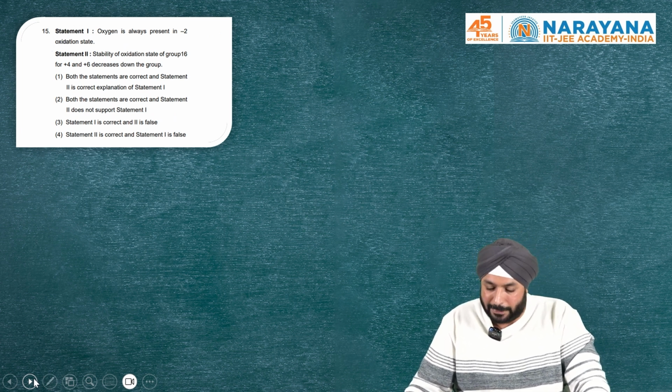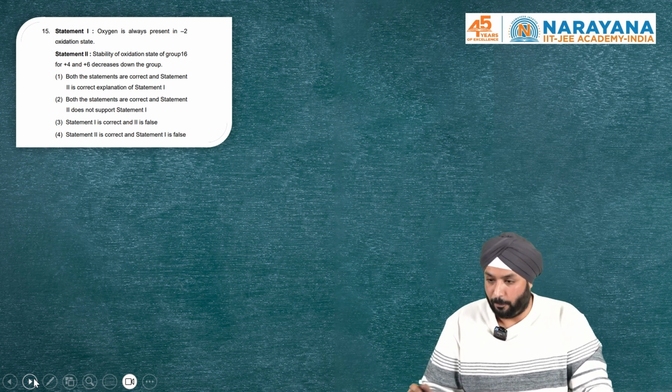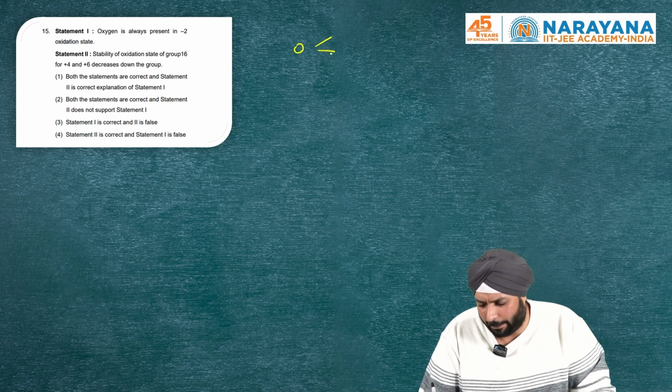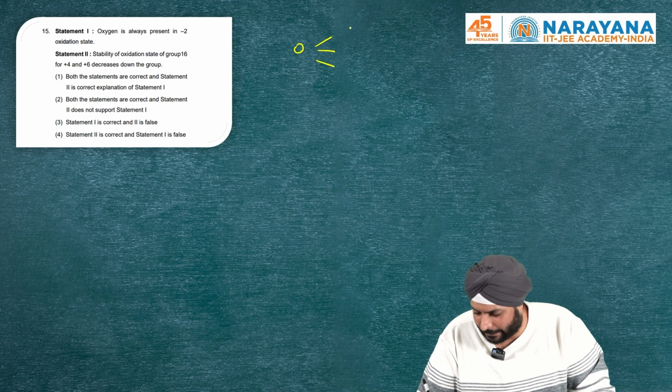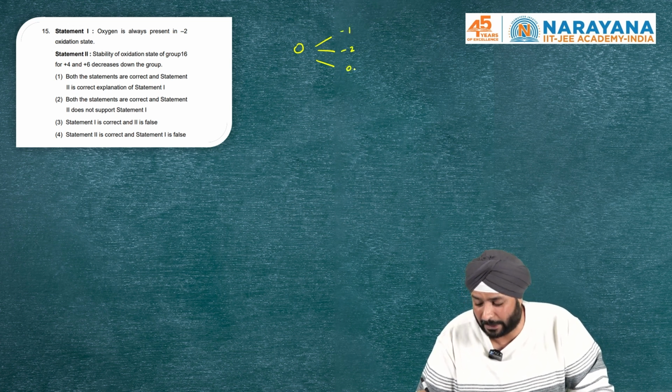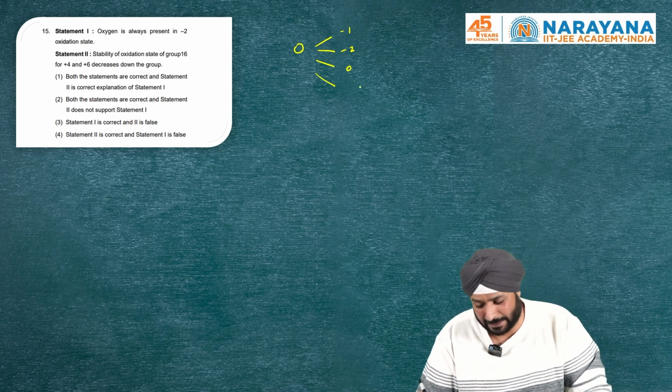Oxygen is always present in -2 oxidation state. This is statement 1. We know that oxygen has multiple oxidation states. It can exist as -1, -2, it can exist as 0. Moreover, in superoxide, it can exist as -1/2 also, right?